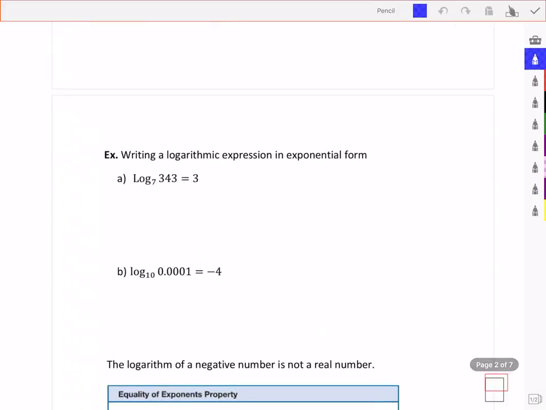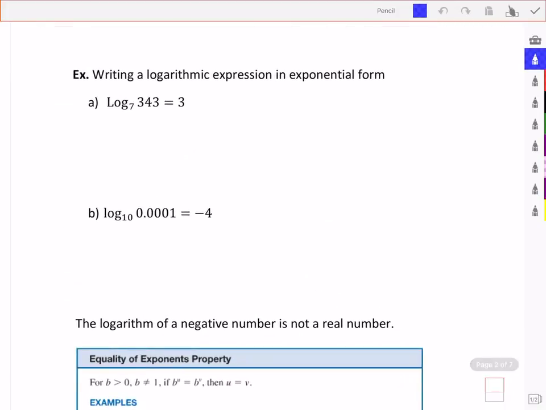Okay, now going in the other direction, writing a logarithmic expression in exponential form. I've got log base 7 of 343 is equal to 3. Remember, before, the base of the exponent became the base of the log.